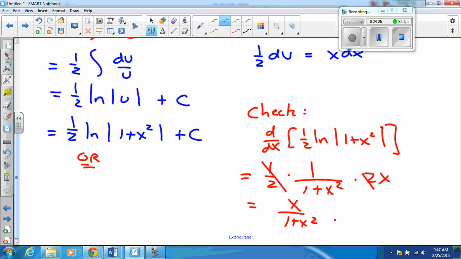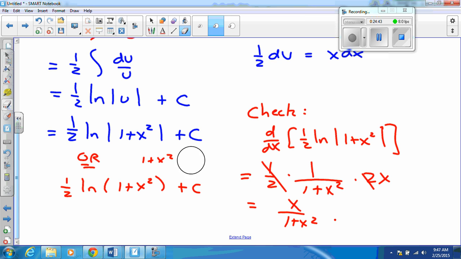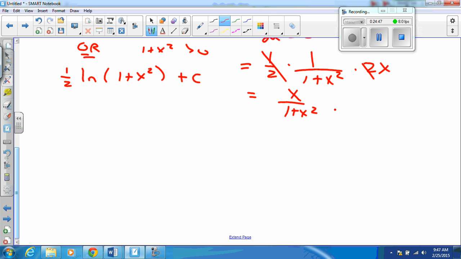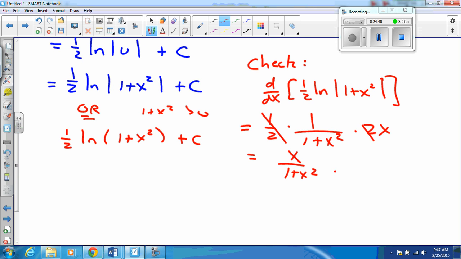And if I take the absolute value of a positive value, what do I get? It's itself, right? So you might see it written without the absolute value signs, because 1 plus x squared is always greater than 0. You might even see log properties used, because a power times a log is the same as the log of a power.